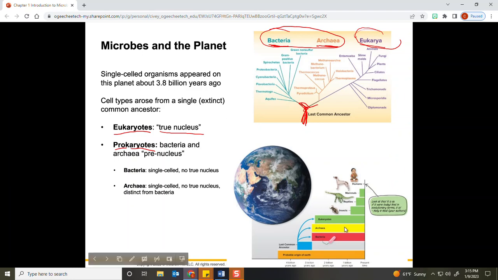The following picture at the bottom also gives you a little timeline of events here. Again, we have our last common ancestor, which arose about 3.8 billion years ago. You can see the probable origin of Earth was about 4.6 billion years ago. But from that last common ancestor, we had bacteria exist about 2.8 billion years ago, as well as archaea.